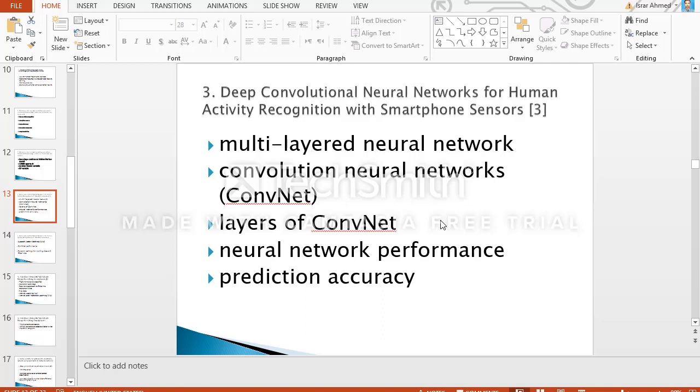Thus, convolutional neural networks exploit these attributes, which makes it proper in modeling time series sensor data. In the paper, they proposed a design of convolutional neural networks with sensor data gathered from smartphone sensors to recognize activities. Analysis demonstrates that increasing the number of convolutional layers increases performance.